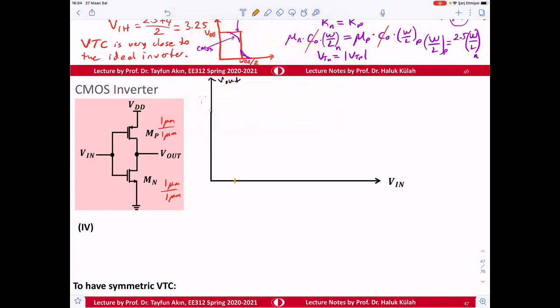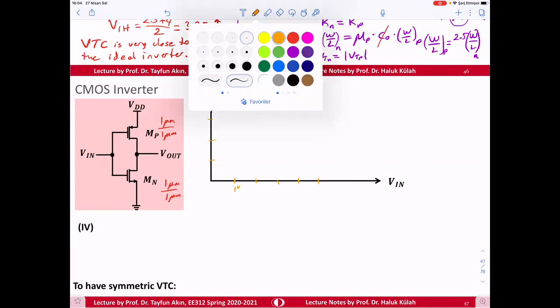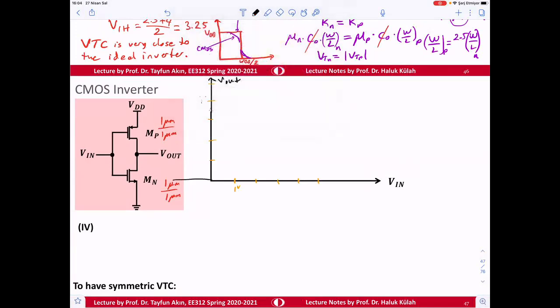Let's select this one as 1 volt, 2, 3, 4, 5.